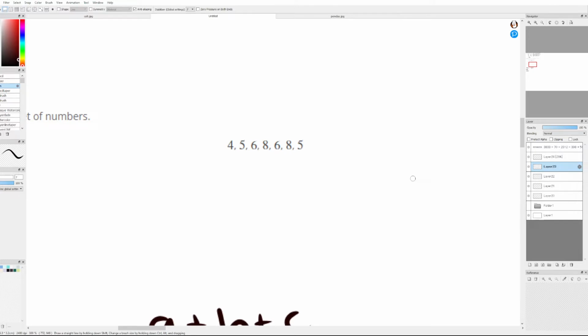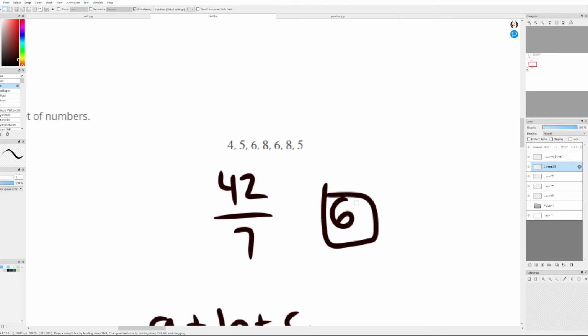Let me type this into my calculator. 4 plus 5 plus 6 plus 8 plus 6 plus 8 plus 5 will give us 42. Then we're going to divide by 7 because there's 7 numbers, which should give you 6. So the average, or the mean, is 6. They're the same idea.